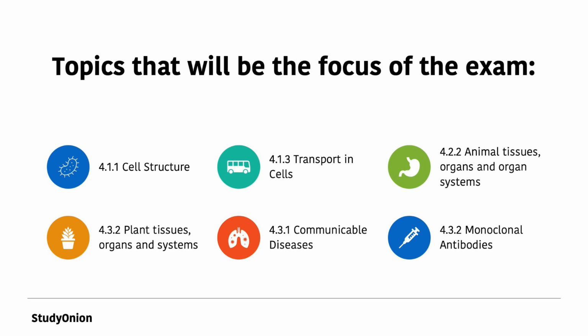The 6 topics that will be the key focus of Paper 1 Biology for Higher Tier is cell structure, transport in cells, animal tissues, organs and organ systems, plant tissues, organs and organ systems, communicable diseases, and monoclonal antibodies.